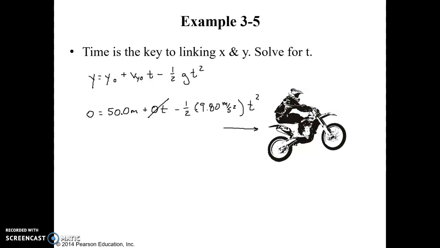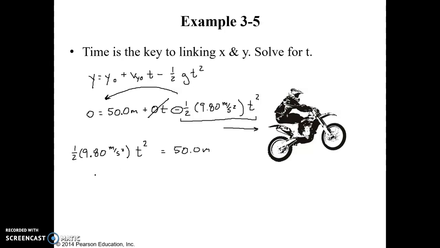Okay, I'm going to move this term over to the other side of the equation by adding it. Right now it's negative, so I'm going to add that term to both sides. So I end up with 1/2 times 9.80 meters per second squared times time squared equals 50.0 meters.